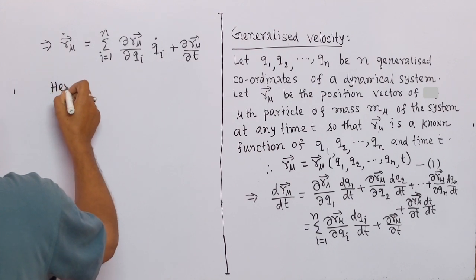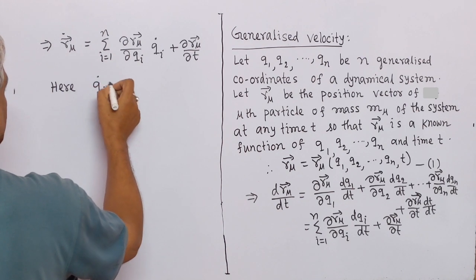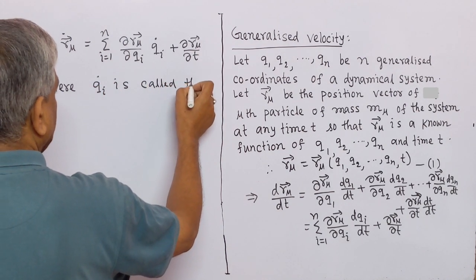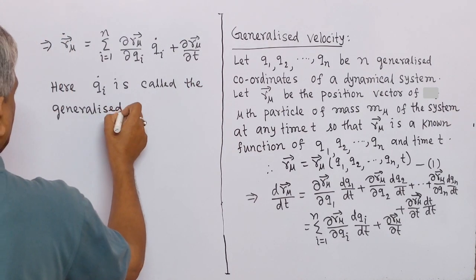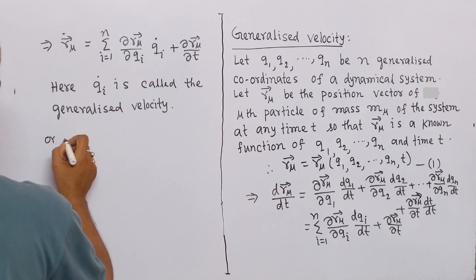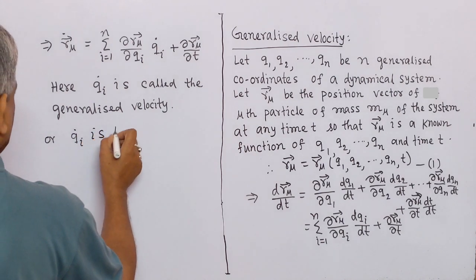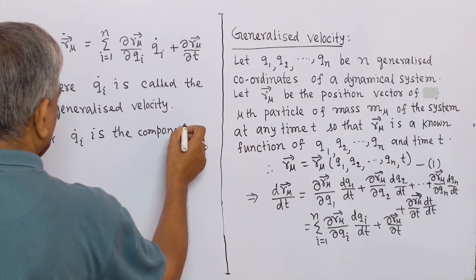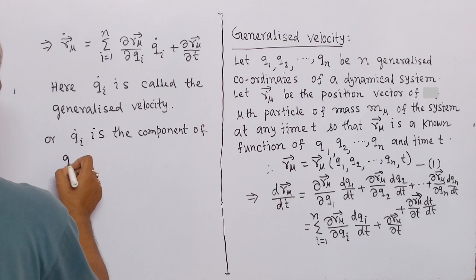Here q i dot is called the generalized velocity, or q i dot is the component of generalized velocity.